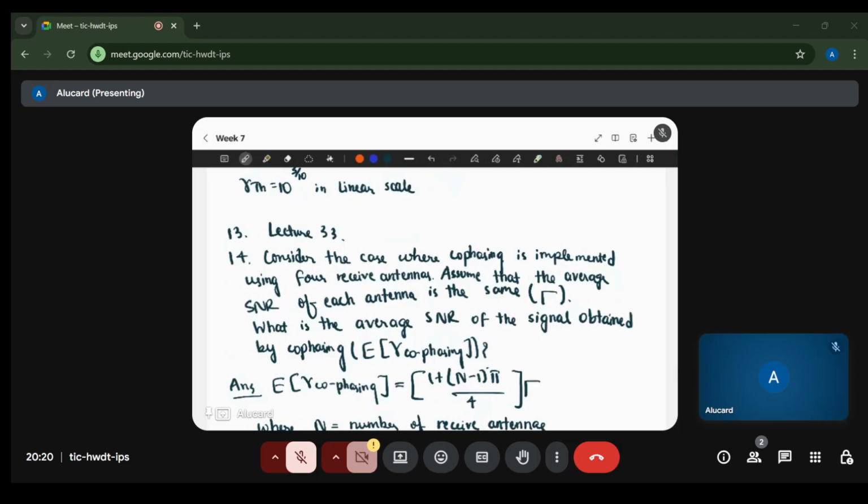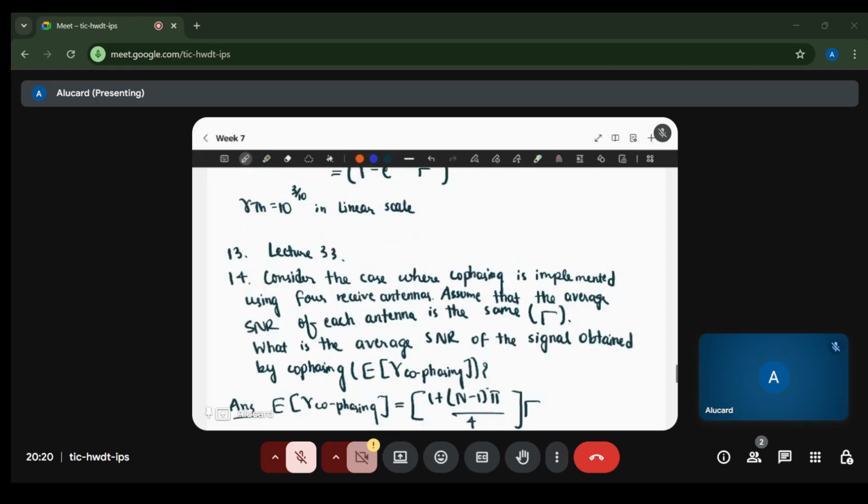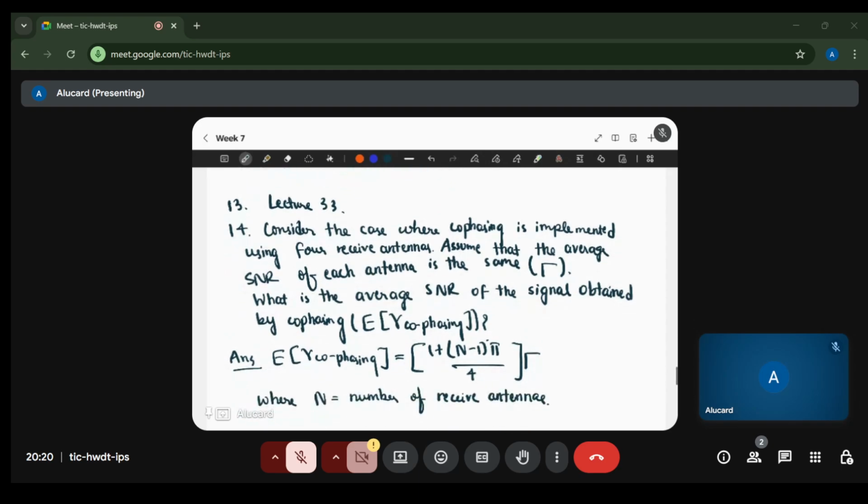Try to work this out yourself. E of gamma co-phasing will turn out to be 1 plus n minus 1 times pi over 4 times capital Gamma, where n is the number of receive antennas.